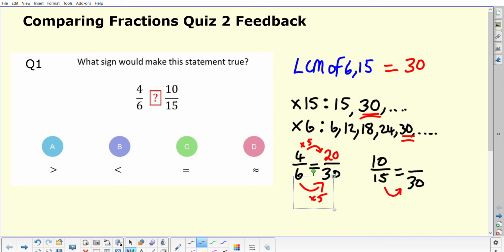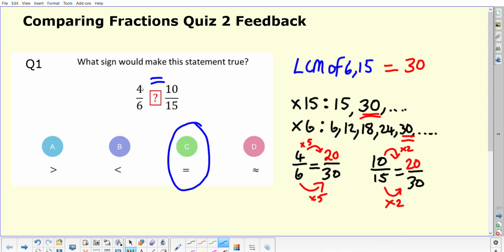With this one, you're timesing by 2, top and bottom, would also mean you'd end up with 20 over 30 when you do that. So having done that, you're then looking to compare, and you can see they both ended up with the same answer, so that actually means that what needed to go in between those would be the equal sign.